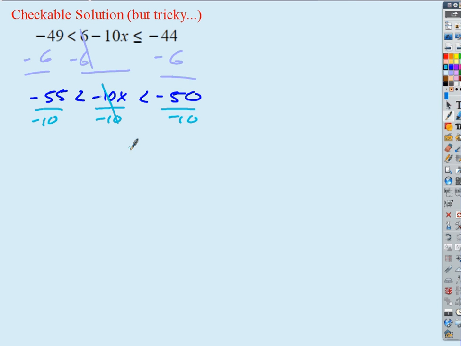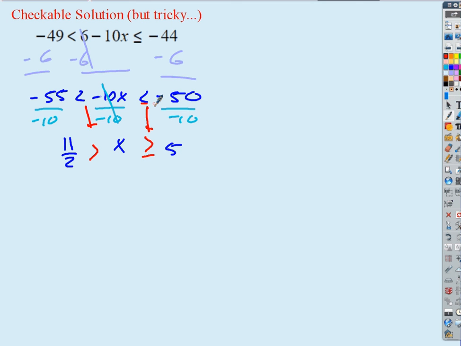Okay, so we get x, we get positive, what, 11 halves, is that what that is? And I get positive 5. What else? Switch this. Yeah, flip the signs, good. Okay, and that should be equal to, shouldn't it?